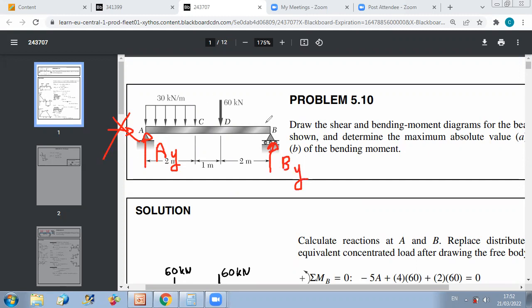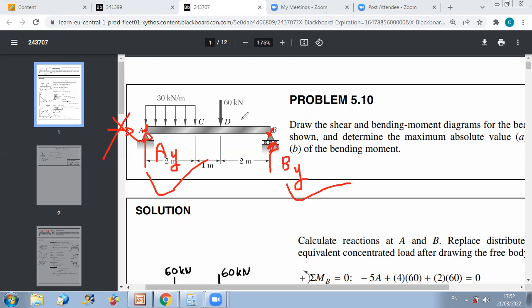Either you do sum of Y equals 0 as first equation, and sum of moments about any point in the figure equals 0 to get a second equation. Or the best choice here can be to do, let's say, sum of moments about B equals 0, you get AY, and sum of moments about A equals 0, you get BY. Okay. Now, let us do it.